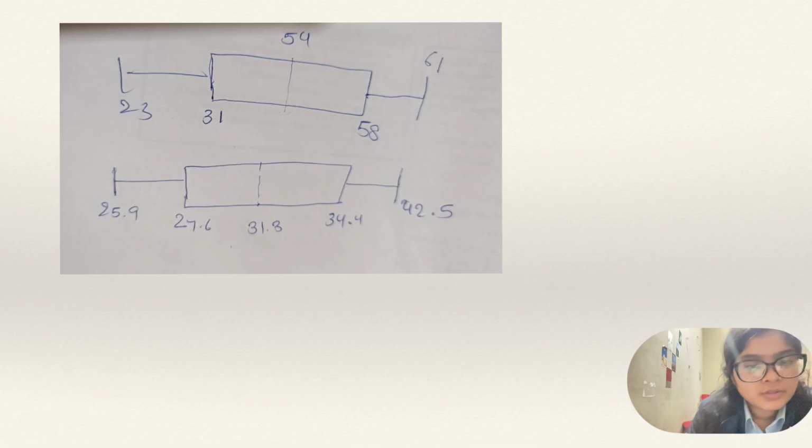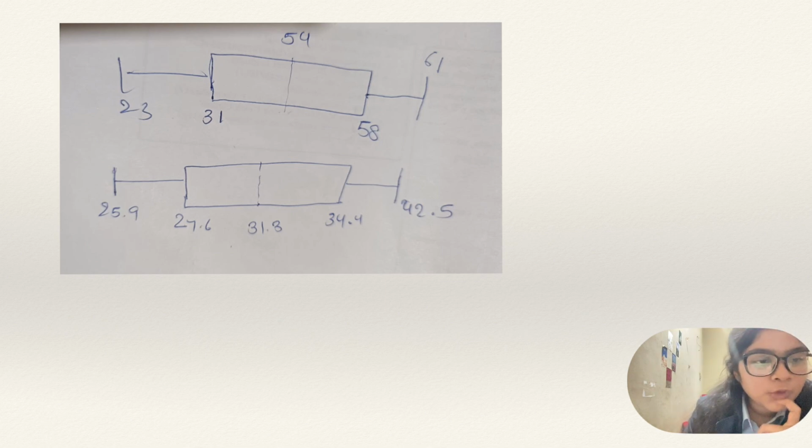Here I have drawn the box plot for the same. The above box plot is for the age, and the downward box plot is for percentage.